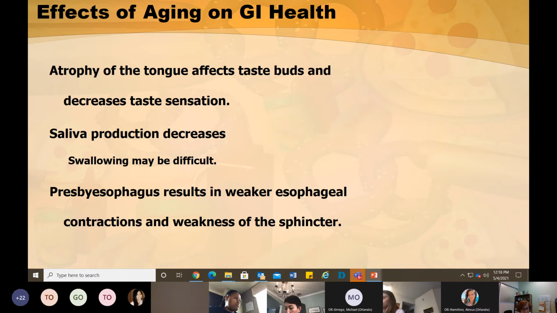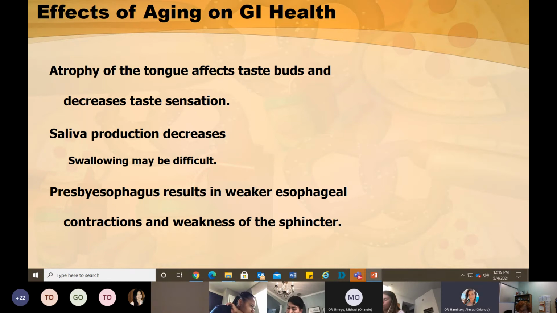The stomach becomes more alkaline. Of course, constipation is a problem. Gallstone formation is also an issue for the older population. And because of that, the inability to digest fats, that's all affected by the gallbladder, right? And so that can be a problem as well. So all of these alterations can actually impair nutrition, and there is going to be a greater chance for aspiration and dyspepsia. Okay, dyspepsia.